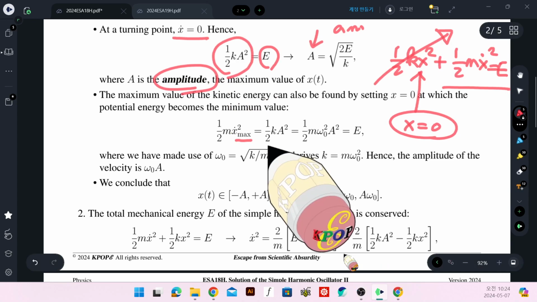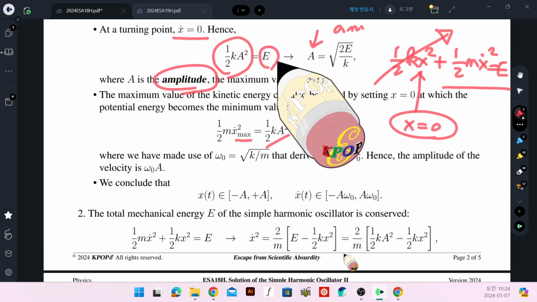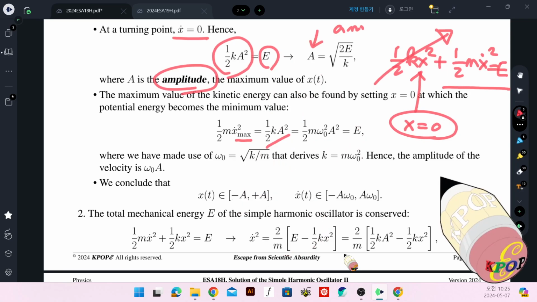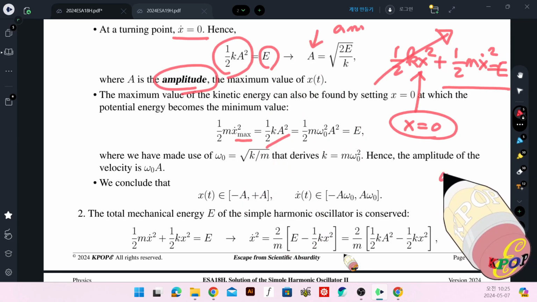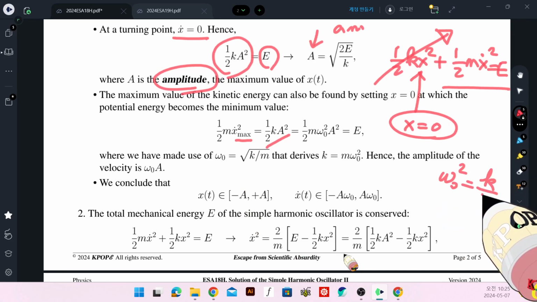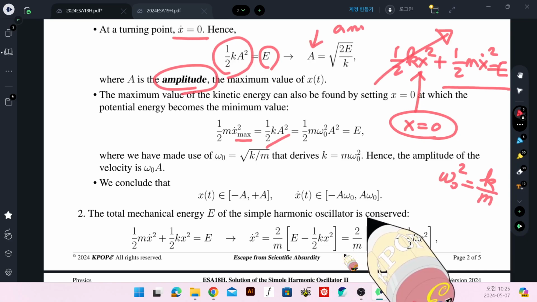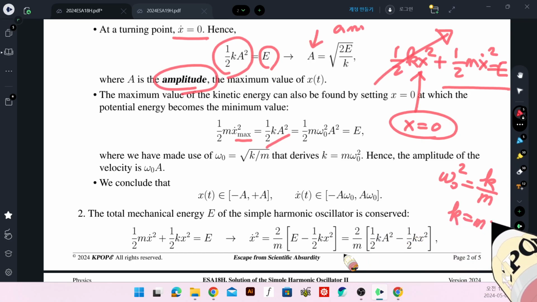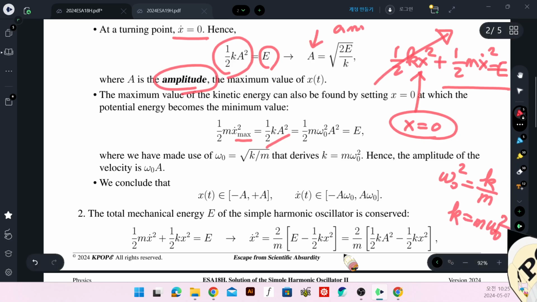We can substitute this for the energy E. Then we remember omega 0 squared equals k over m. So k equals m omega 0 squared.